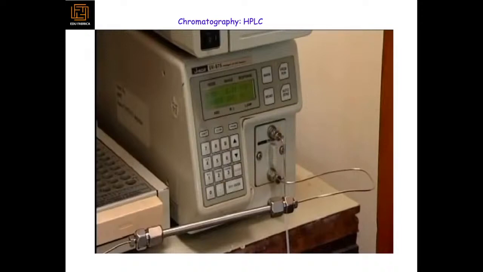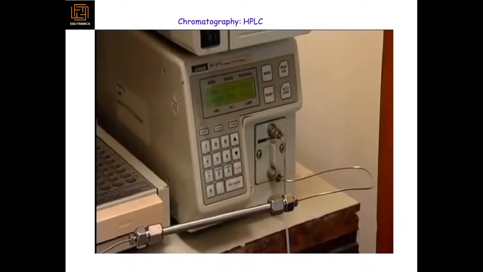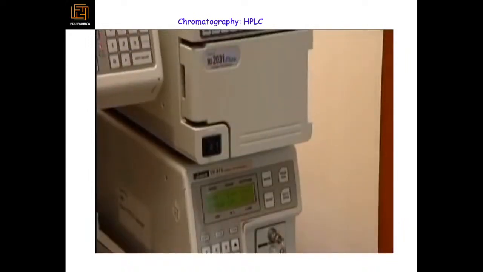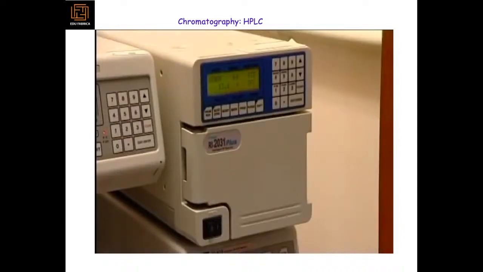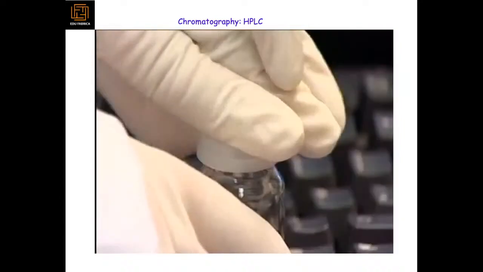When the detector reading drops, a component that is absorbing UV light is coming out of the column and passing through the detector. Many alternative types of detector are possible. This one measures refractive index. The time that each component takes to come off the column is called its retention time and can be used to help identify it.